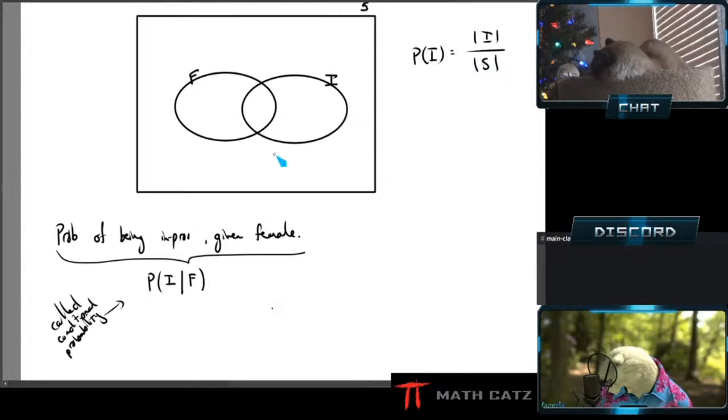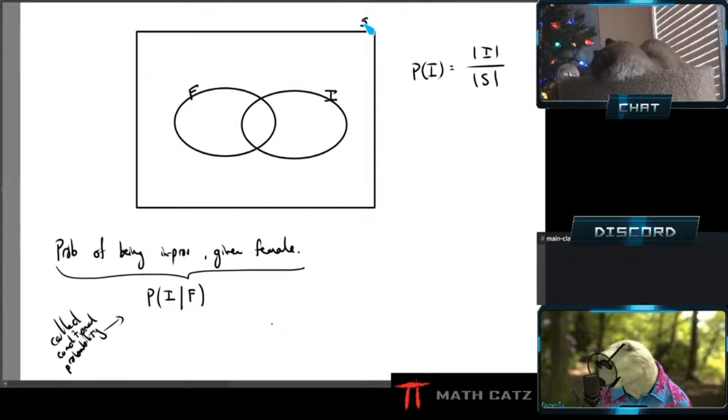My very ugly S up here is the sample space, the universal set, everything, right? But now that's not the case here. Now they tell me extra information that I can use, I can exploit. It's a fact. It's not up for debate. The person selected was female. Now all that matters is the female circle.